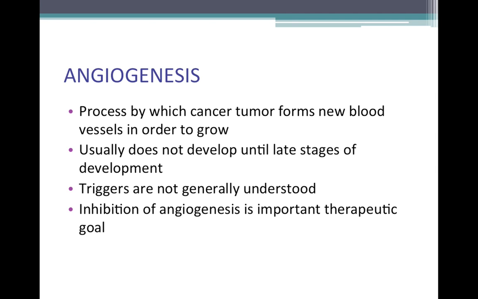So when you think of a more aggressive tumor, they are typically going to be the ones that can undergo a lot of angiogenesis. Now, inhibition of angiogenesis is an important therapeutic role because if you can prevent tumors from recruiting their own blood vessels to grow into the tumor, then you can prevent that tumor from growing too rapidly.